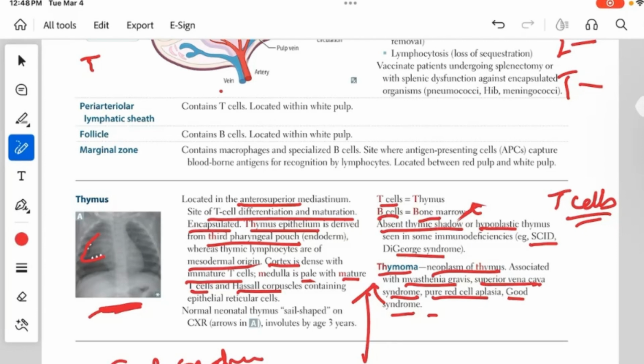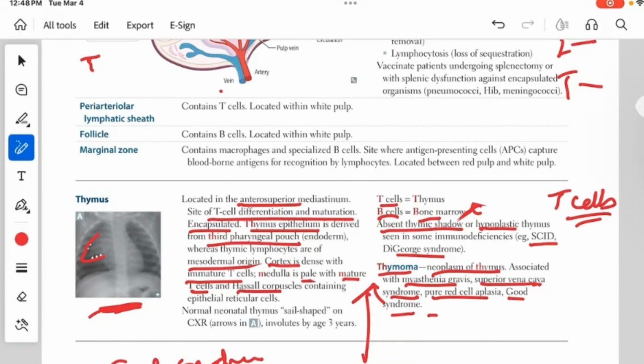The T cells are abnormal and they start attacking the patient's B cells. B cells are responsible for producing immunoglobulins, so once B cell numbers drop, immunoglobulin levels drop too. That's what causes Good syndrome.